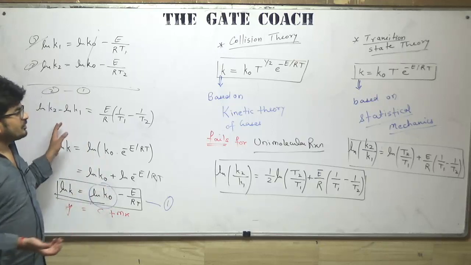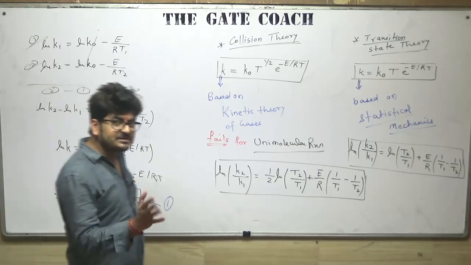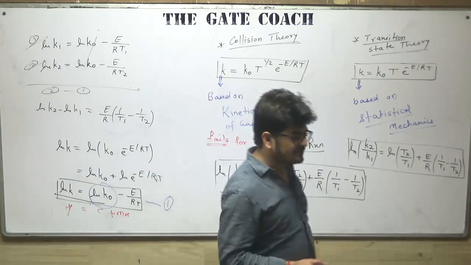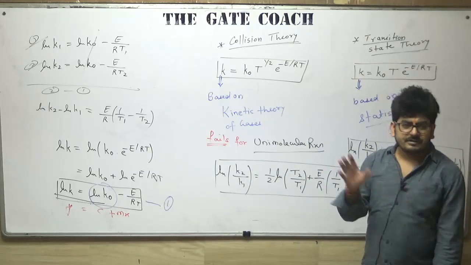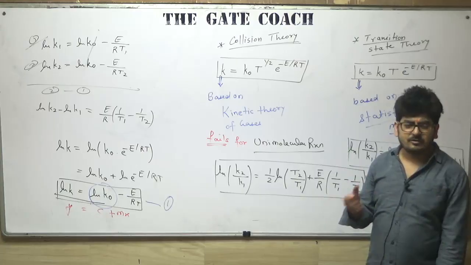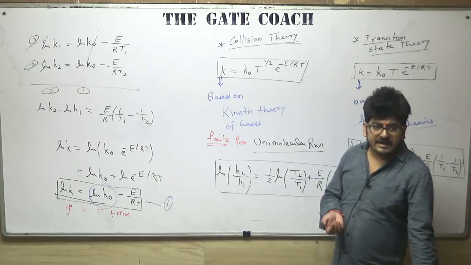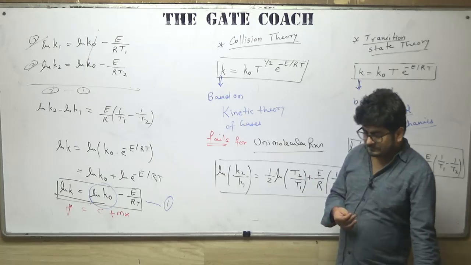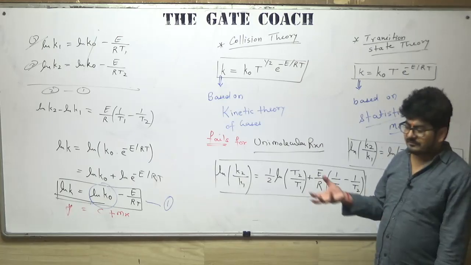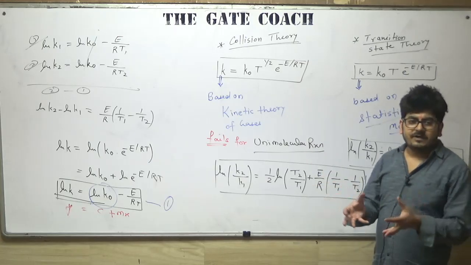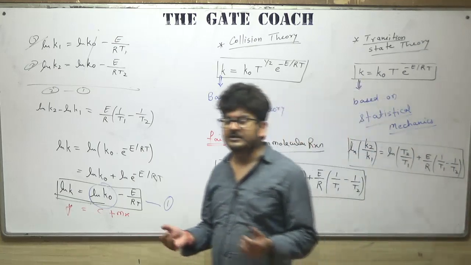Now Arrhenius theory was the main theory, the original theory, the first theory to calculate the rate constant K. It was applicable for all types of reactions, liquid phase, gaseous phase, everything. For the gaseous reactions, they modified the Arrhenius theory using some frequency factors, some kinetic energy parameters of the kinetic theory of gases.